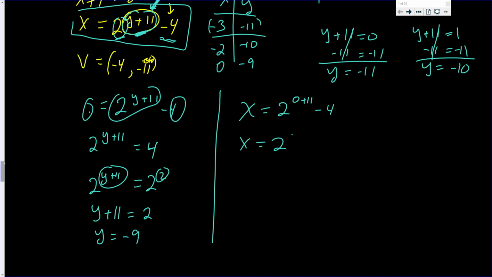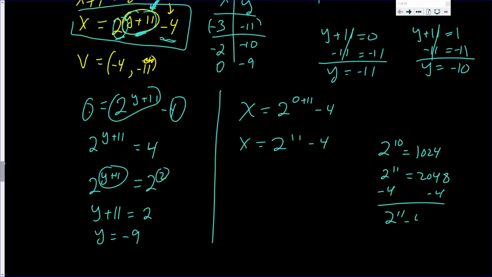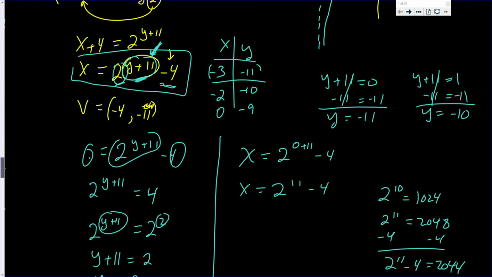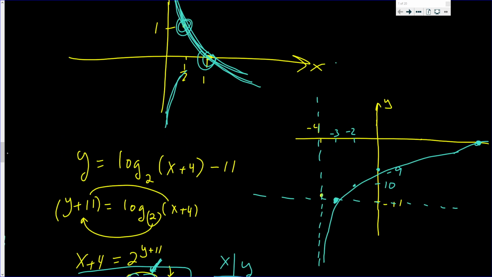So x is 2 to the 11 minus 4. I think 2 to the 10 is 1024. So multiply by another 2, get 2048. Take away 4. 2 to the 11 minus 4 is 2044. So at 2044, we cross the x-axis.